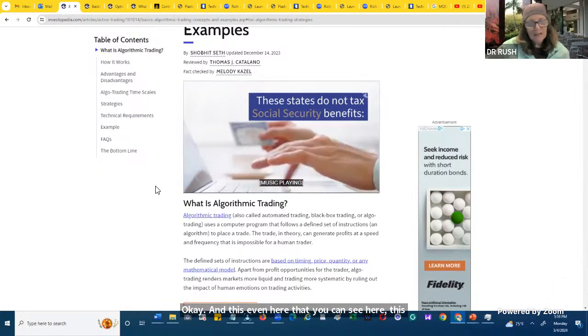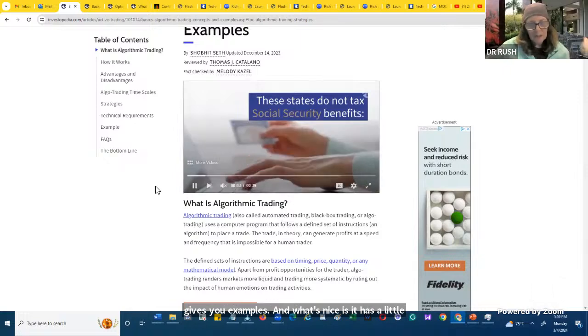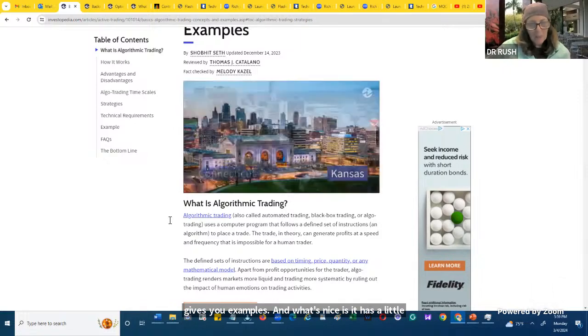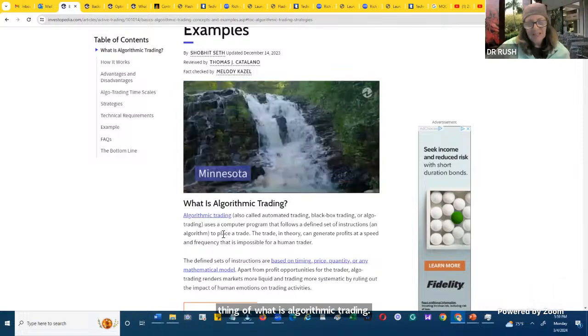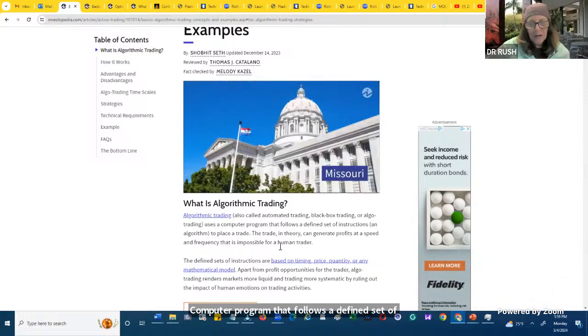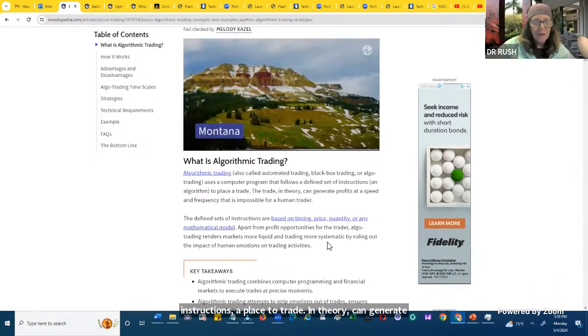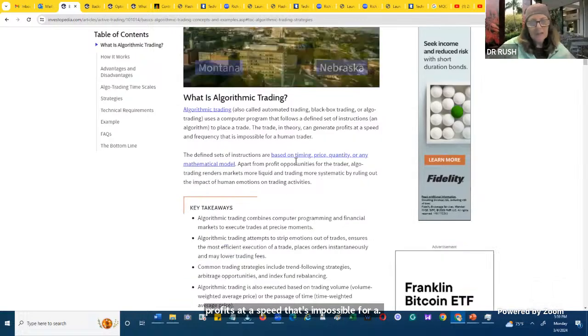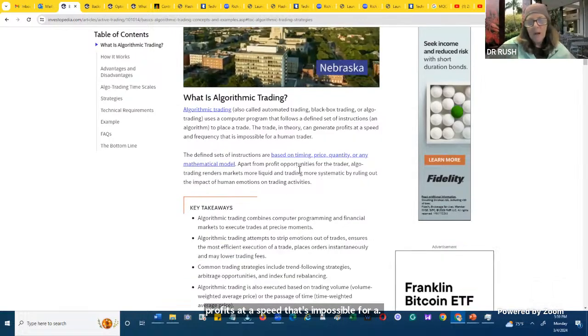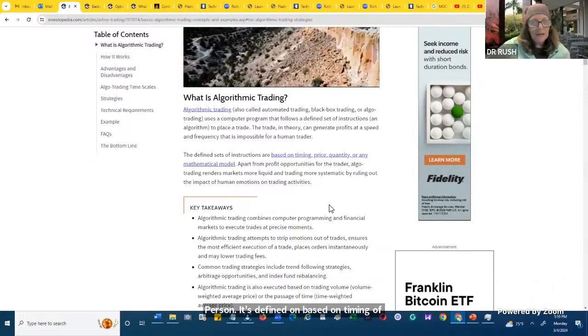And what's nice is it has a little section on what is algorithmic trading. A computer program that follows a defined set of instructions to place a trade. In theory, it can generate profits at a speed that's impossible for a human. It's defined based on timing, of course, price, quantity, or any mathematical model.